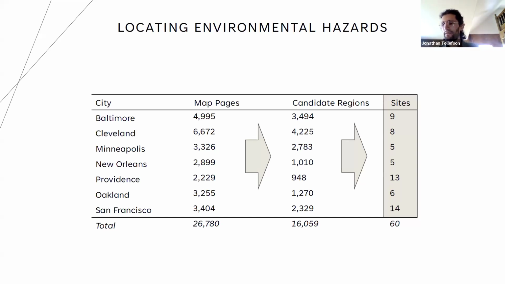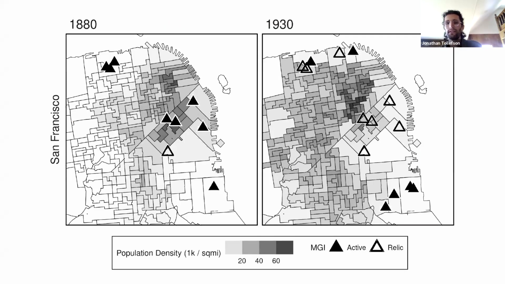So the 7 cities amount to about 27,000 Sanborn map pages in total, and applying this site identification methodology reveals 60 gasworks sites across the 7 cities. And I'll zoom into San Francisco to give us an idea of what this looks like.